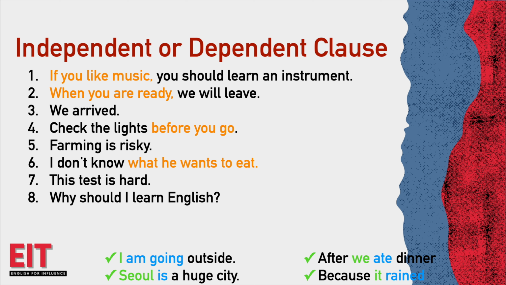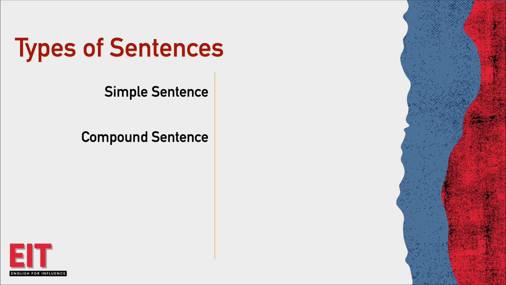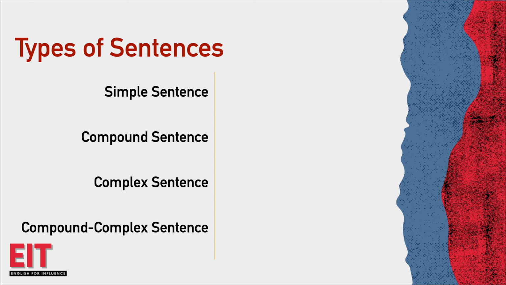Okay, now that we have a clear understanding of what clauses are, let's move on to the different types of sentences. So we have 4: simple, compound, complex, and compound complex. A simple sentence has only one independent clause. A compound sentence has 2 or more independent clauses.